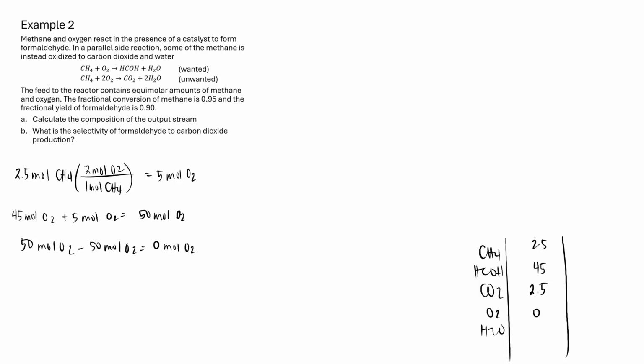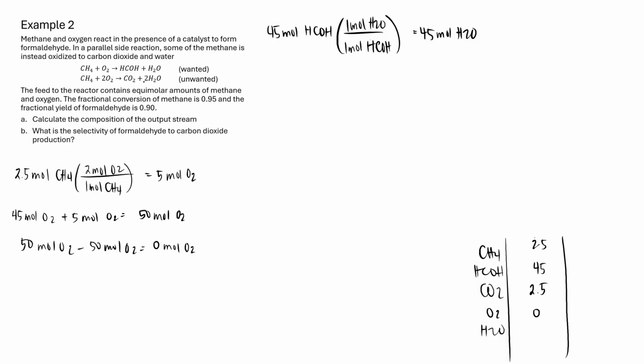No, actually. Let's use the 45 moles from the formaldehyde. So 45 moles of formaldehyde. And then that's 1 mole formaldehyde, 1 mole H2O. So that's 45 moles H2O.